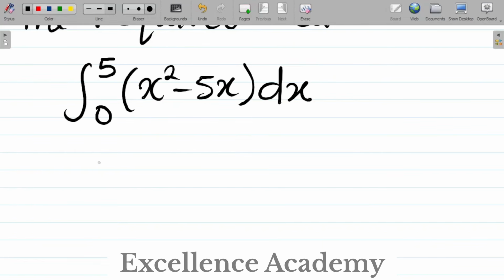All right, I'll get the integral of, let's ignore the limits, the upper and lower limits. I'll just look for a way to get the integral of x squared minus 5x dx.